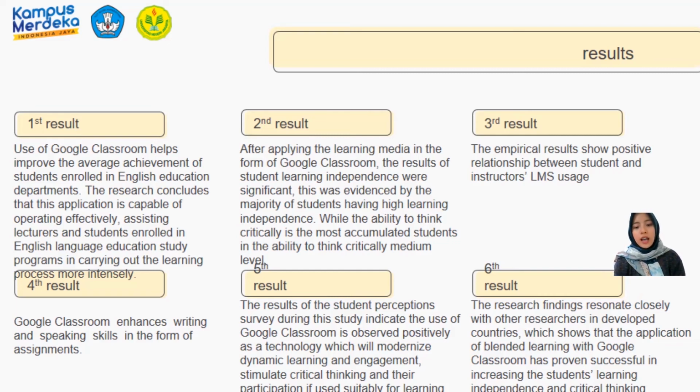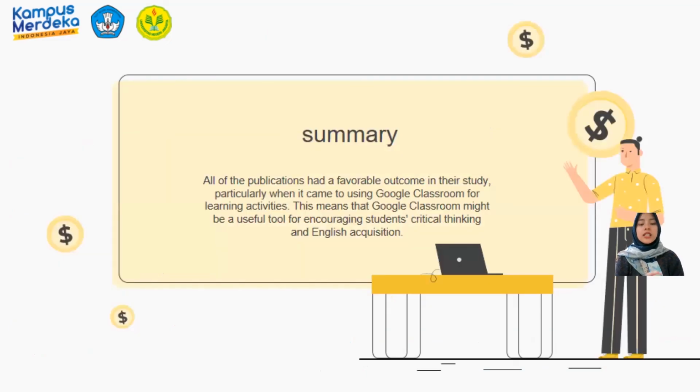So I can make a summary of all the results. All of the publications had a favorable outcome in their study, particularly when it came to using Google Classroom for learning activities. This means that Google Classroom might be a useful tool for encouraging students' critical thinking and English acquisition.